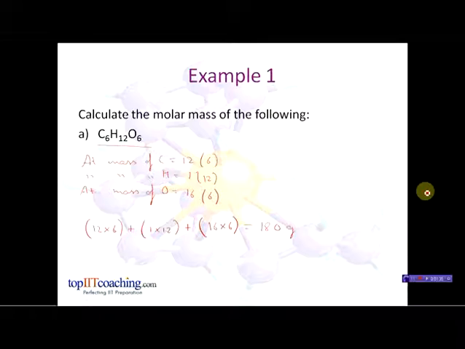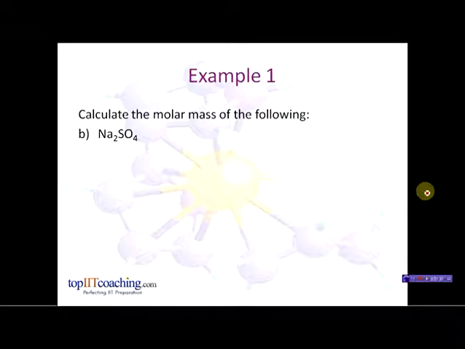Let's take another example. We have to calculate the molar mass of sodium sulfate, whose chemical formula is Na2SO4. Now, the atomic mass of sodium is 23, and 2 atoms of sodium are present in the chemical formula.